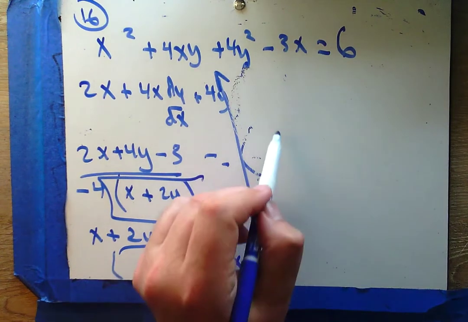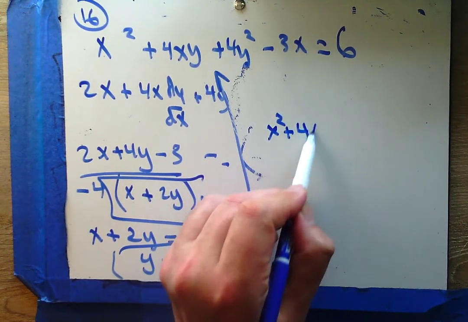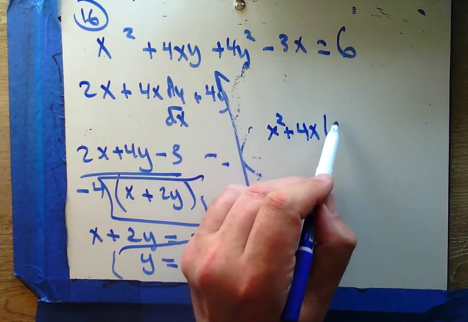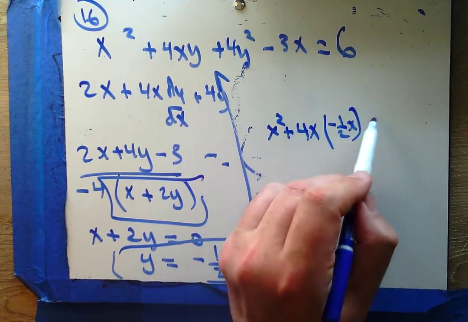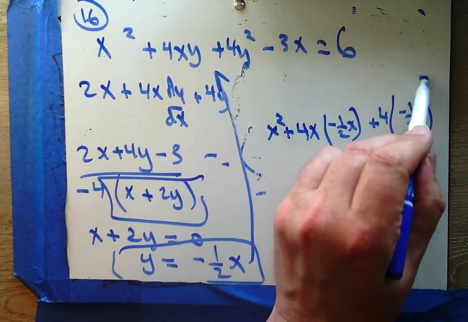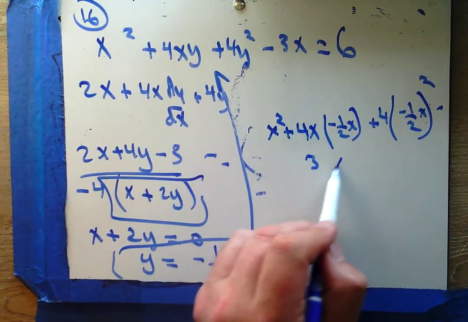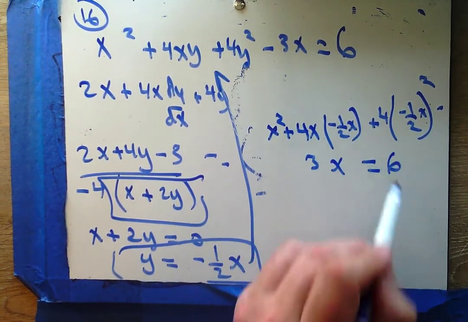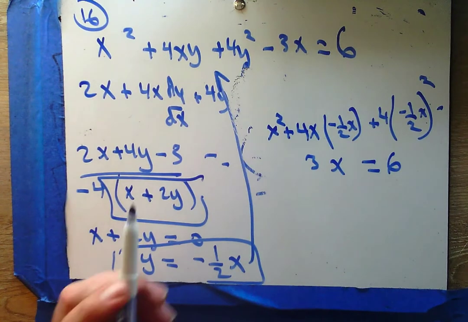I have x squared plus 4x times negative 1/2 x plus 4 negative 1/2 x squared minus 3x equals 6. All right.